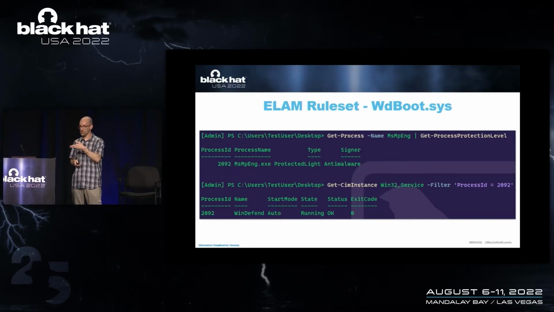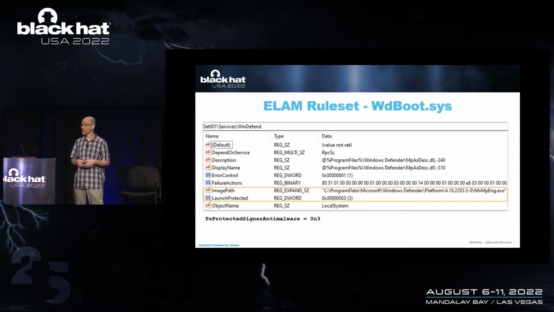And then I'm using WMI to identify the corresponding service for that running process, the WinDefend service. Because remember I mentioned you have to install this as a service in order to get it to run at the protected level. And here's the corresponding service registration for WinDefend. And what is noteworthy is the launch protected value is set to 3, which corresponds to the PS protected signer anti-malware level.